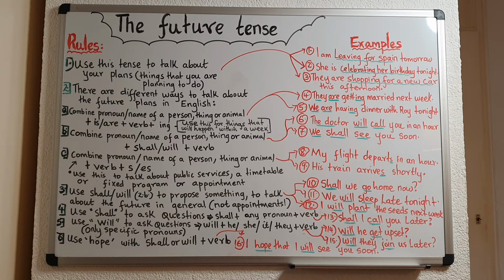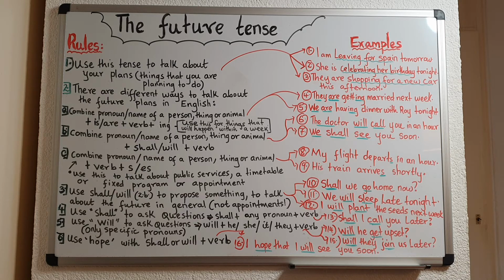You can also construct a sentence in the future tense by combining the pronoun or a name of a person, a thing, or an animal, plus verb, plus S or ES.